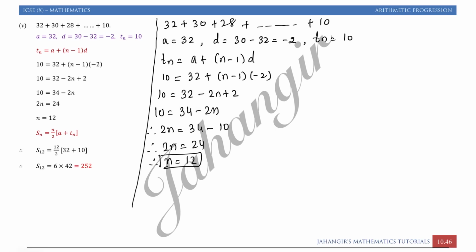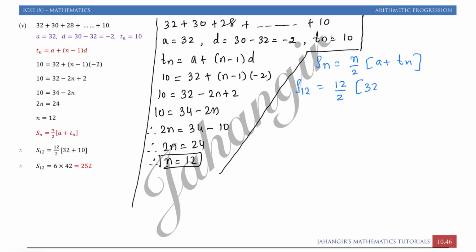Now we have to find the sum of 12 terms. S12. So we can write the formula for Sn as n by 2 into A plus Tn, as we know the last term, that is 10. So S12, that is the sum of 12 terms, is 12 by 2 into A, the first term 32, plus the last term 10. Sorry, 32 plus 10 is 42.